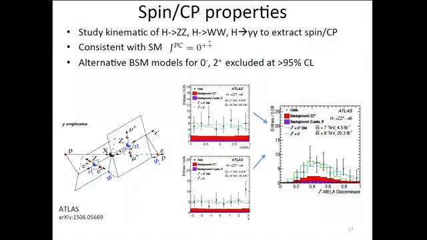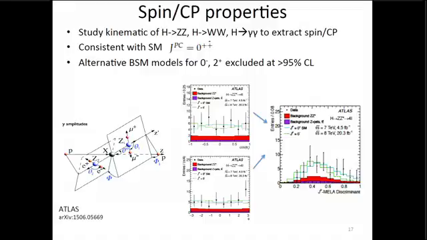Okay, so what can be done with this sample is also to study spin and CP properties. Studying the kinematics and the angular distributions of the decays of these three processes, one can measure JPC, or at least test hypotheses that are alternatives to the standard model 0++. So the trick is, for example, you take the Higgs into two Zs, and for leptons, you have many angular distributions that you can use.